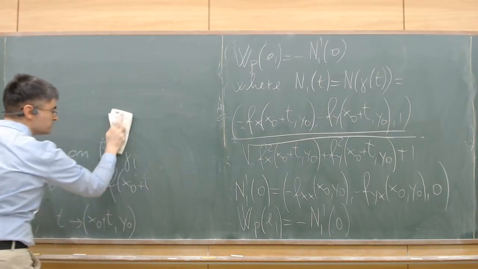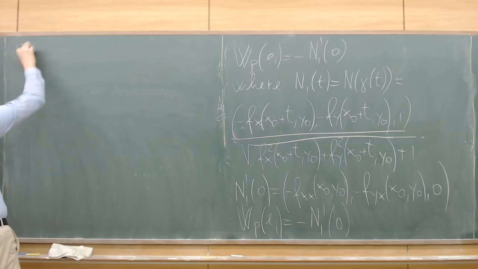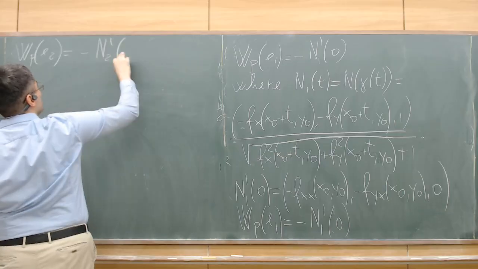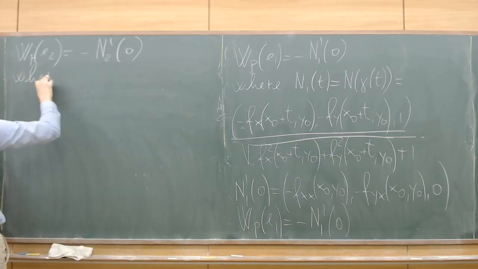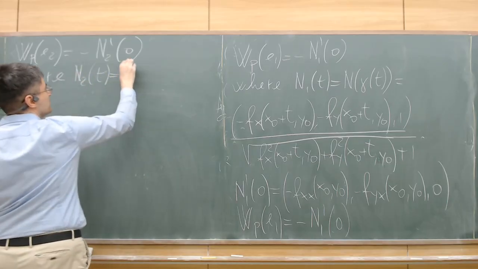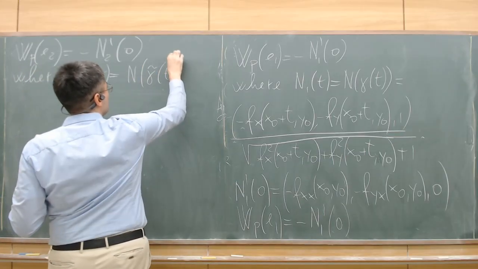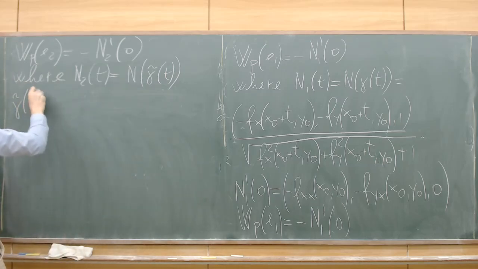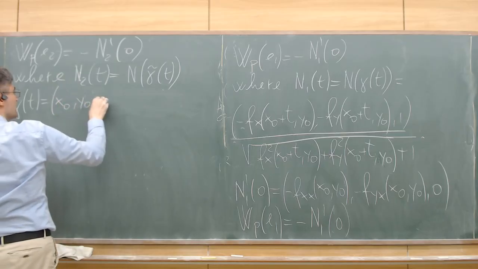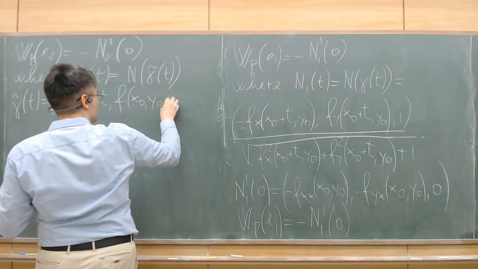You do the same for finding WP E2. This is minus n2 prime of 0, where n2 of t is n evaluated at gamma tilde of t, where gamma tilde of t is given by x0, y0 plus t, f of x0, y0 plus t.